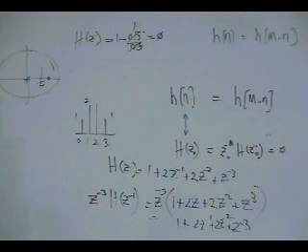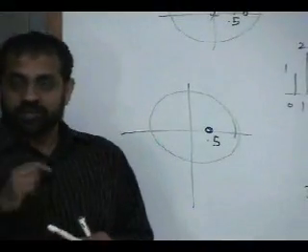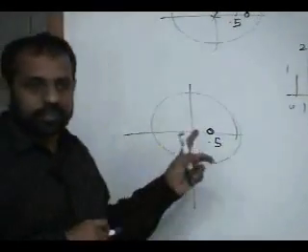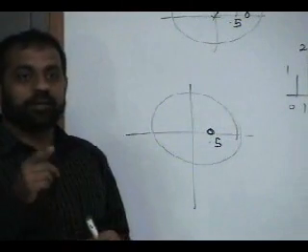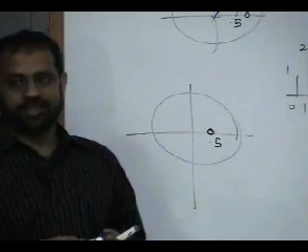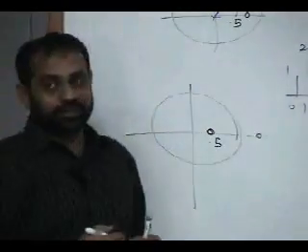What does it mean? It means that if in a linear phase system you place a 0 at 0.5, there will always be another 0 where? At 1 over 0.5, always. 1 over 0.5 is what? 2. So guaranteed there will be a 0 there too.